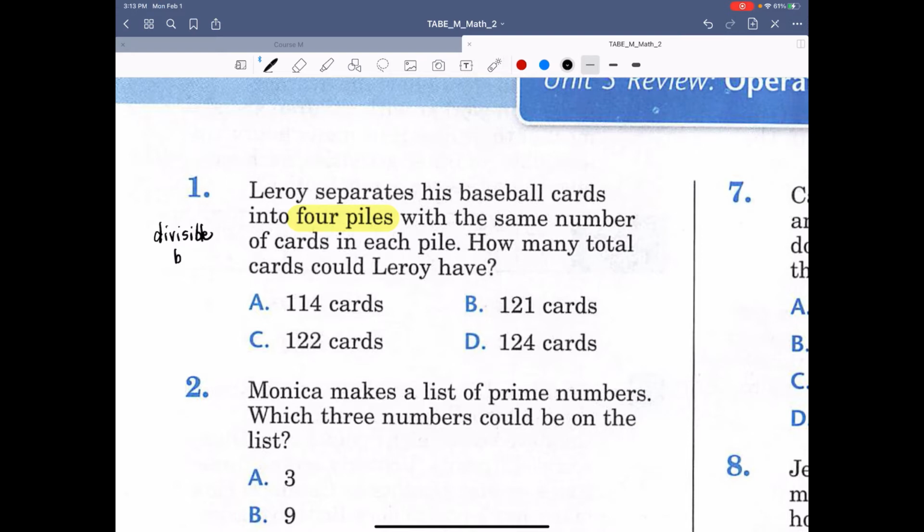So this is testing the divisibility rules. And the divisibility rule for 4 says that the last 2 digits of your number has to divide by 4 with no remainder. So that would have to be this one. 24 can be divided by 4. So number 1 is D.